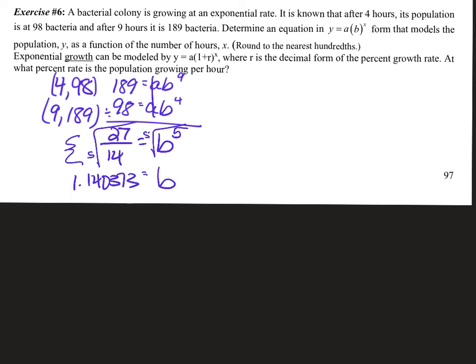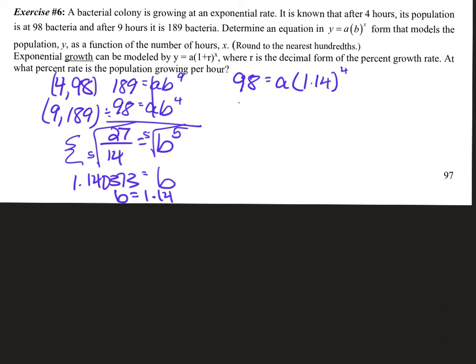And as we get further into this unit, you're going to see crazy decimals. It's not unusual. So they want us to round to the nearest hundredths. Okay, so I'm going to say b equals 1.14. Now I'm going to find my a. So I'm going to use my first point only because it's smaller. So 98 equals a times 1.14 to the power of 4.